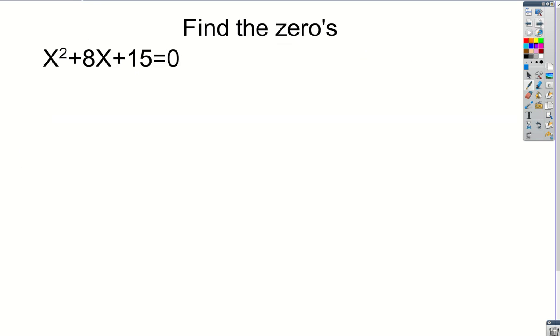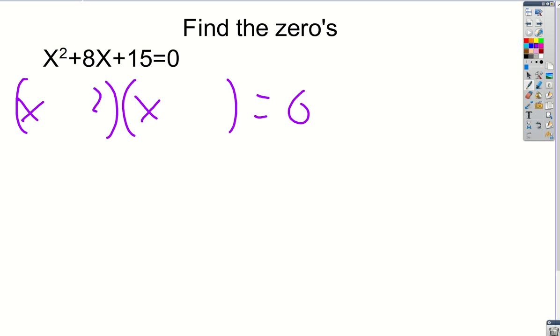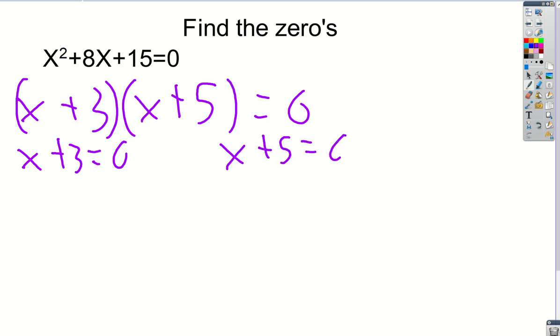So just a quick review on how finding the zeros works. We take our equation and set it equal to 0. And then we're going to factor, and we're going to split up our x's. Numbers that multiply to 15 are 3 and 5, and they add up to 8. Then we take each binomial and set it equal to 0.